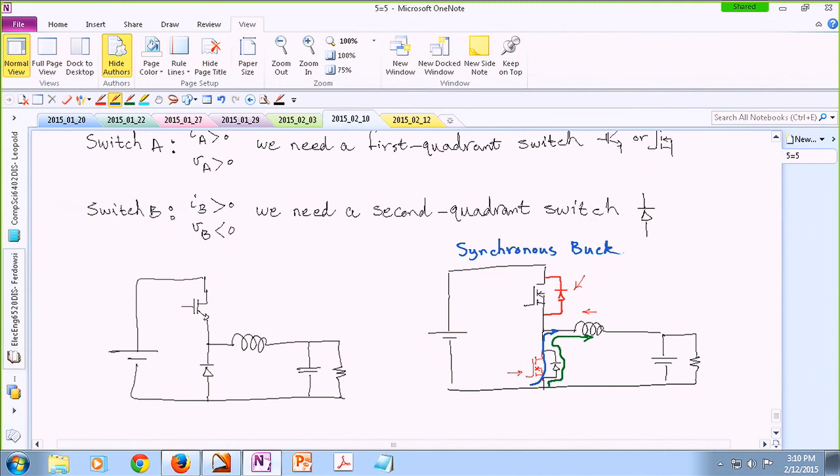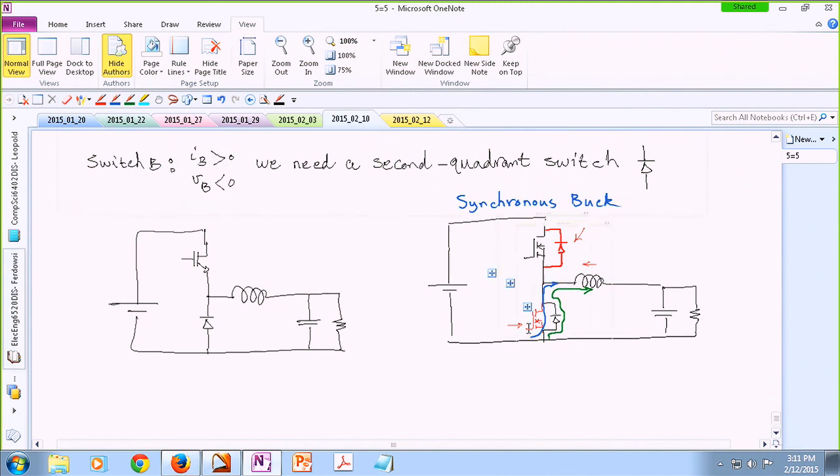Because in high current applications, for instance, your current is 50 amps, and you look at the numbers, if the diode conducts that 50 amperes of current, your losses are, for instance, 2 watts. If the MOSFET conducts that 50 amperes of current, your losses are only, for instance, half a watt. So it makes more sense to turn the MOSFET on, and you can save some energy. It's called synchronous buck because you also have a synchronized signal for the bottom one.